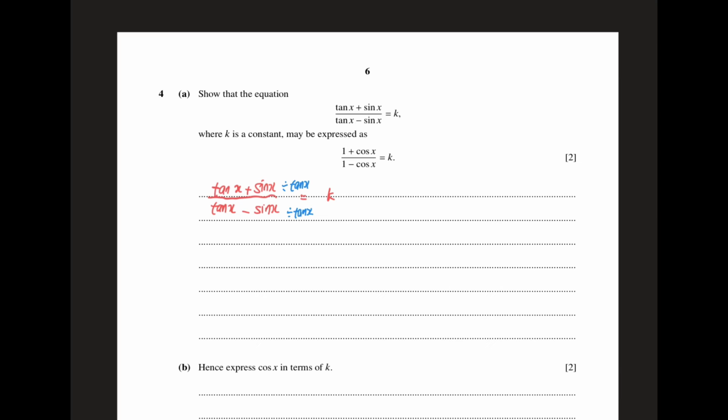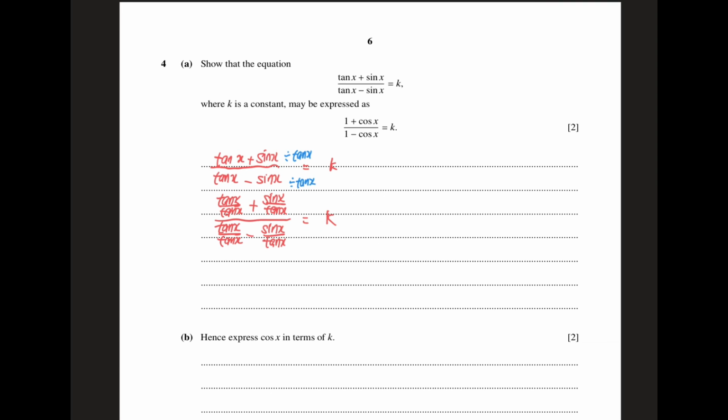So let's do that. We have tangent x over tangent x plus sine x over tangent x. At the bottom, tangent x over tangent x minus sine x over tangent x equal to k. So tangent x over tangent x is 1.